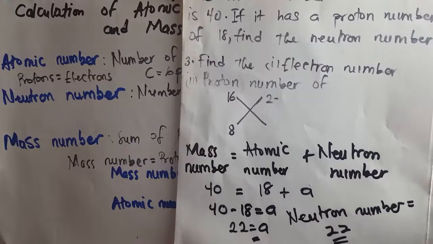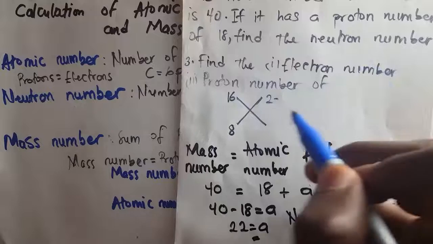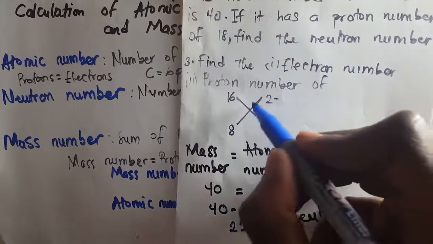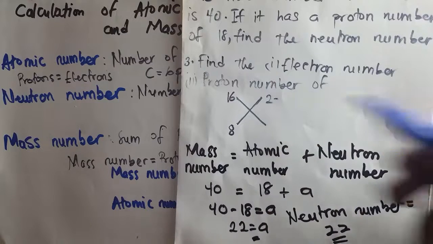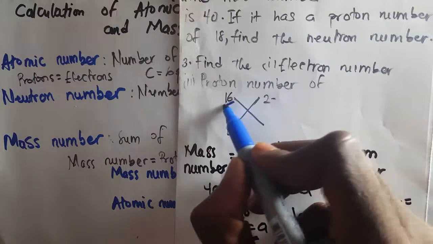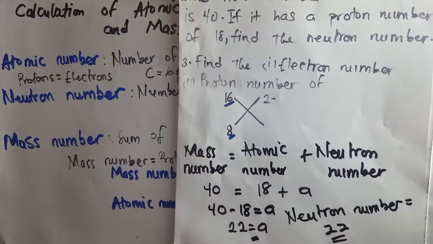Now with our final question here, we have to find the electron number and the proton number of this. Now this is a symbol I mentioned earlier, and I said that this one represents the mass number and this one represents the proton number or atomic number. What you should know is that proton number does not change. The proton number is what is used to identify the position of the element on the periodic table.